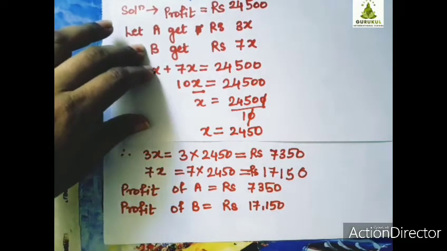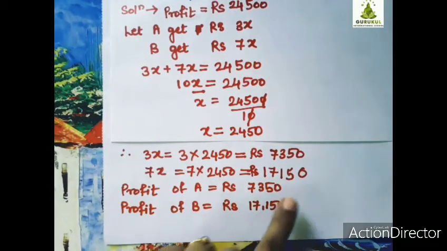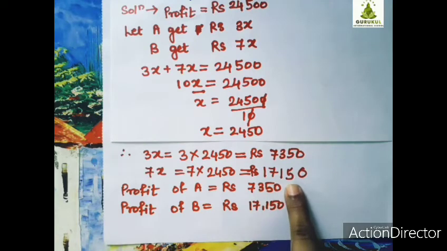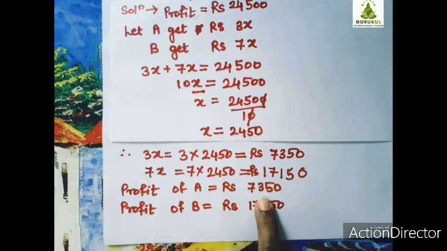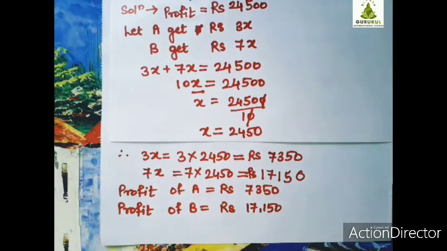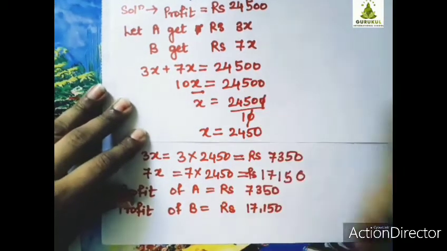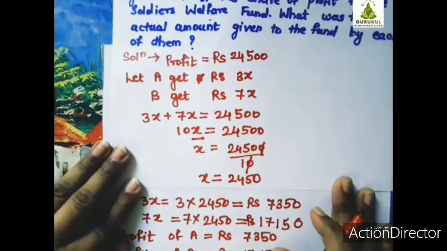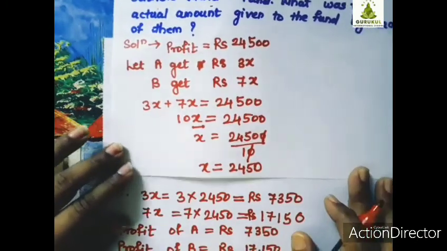Now what they have done, they have given 2% of their profit, means 2% of this amount, 2% of this amount. It is given to the Soldiers' Welfare Fund. So we have to calculate the 2% of both amounts. So I am shifting it up a little bit here again and writing it on the sides.